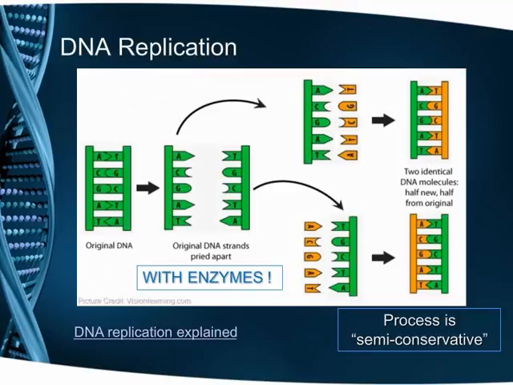You should write in that statement in the box provided: two identical DNA molecules, half new, half from original. You should also highlight them, showing that each is half new and half original. We say that this process is semi-conservative because it holds on to the original strands and builds off of them.